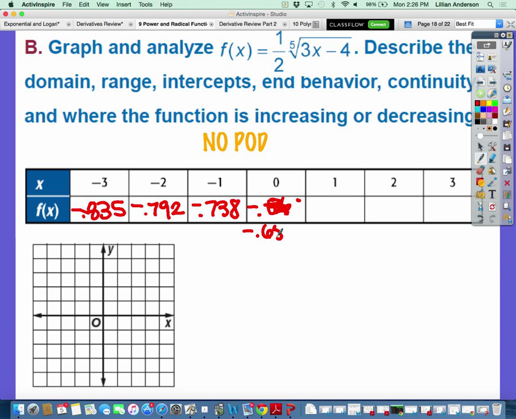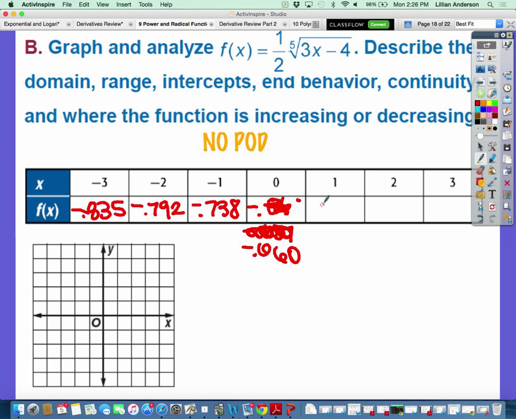It's -0.657. You plug in 0? You have to be -0.657? Double check that. It is -0.6, but 60. Because you check out -0.6598, so that 8 will round the 9 up.